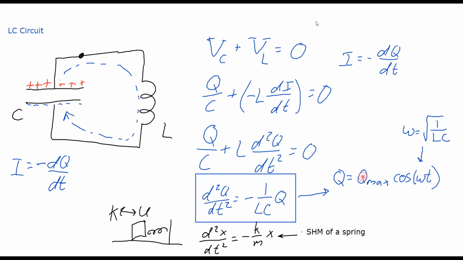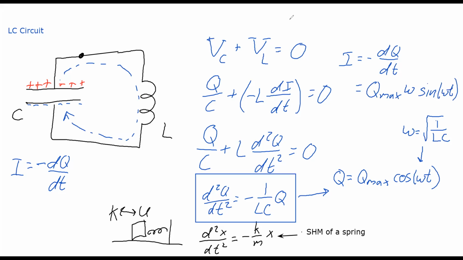This is our Q. So I take this Q and plug it in here. And so let's see, we take the time derivative of Q. Let me just go slowly. If I take the derivative, I get Q max times omega, and the derivative of cosine is negative sine, so sine omega t.